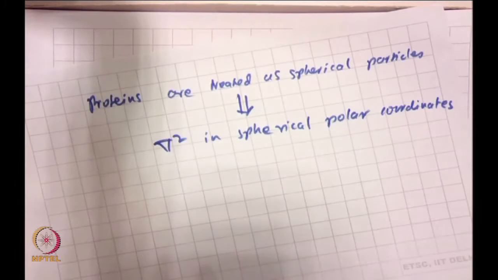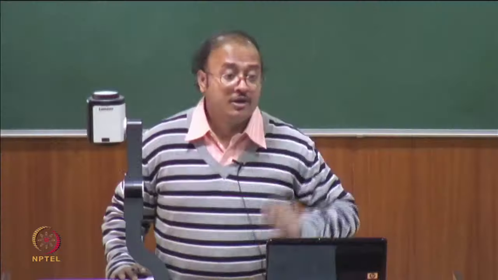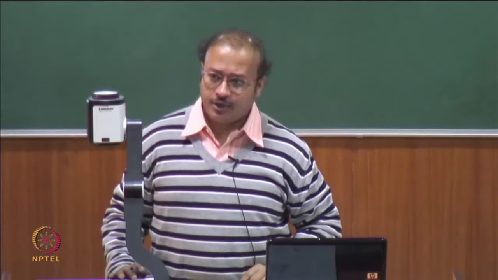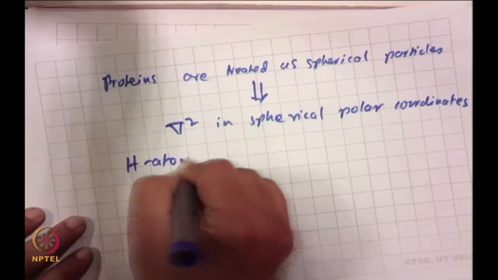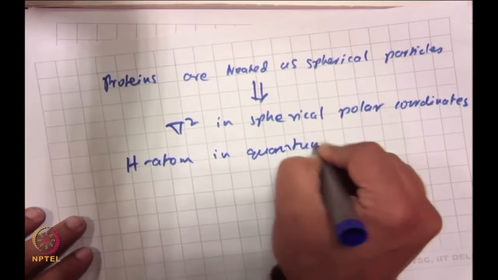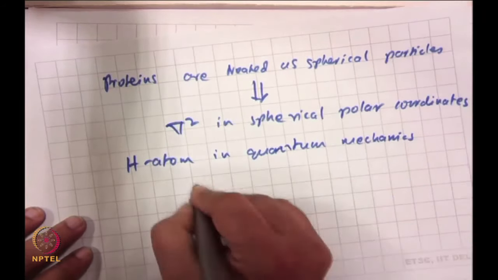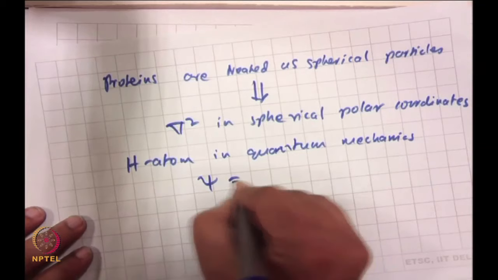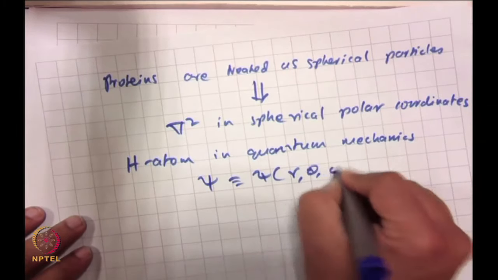This is something you have done in quantum mechanics when you started doing rotation in 3D and then went over to the hydrogen atom. In the hydrogen atom you had 3 variables. What was your wave function depending upon? The wave function psi hydrogen was a function of r, theta, and phi.